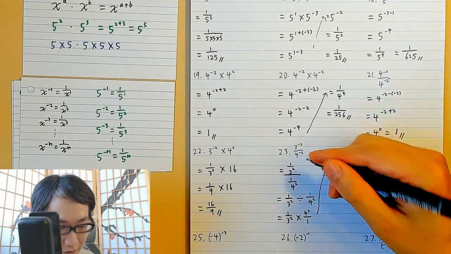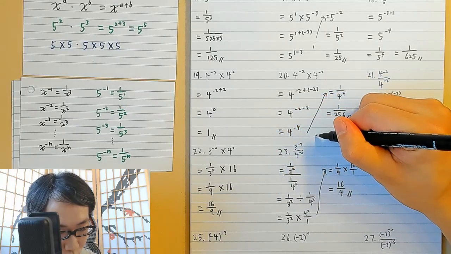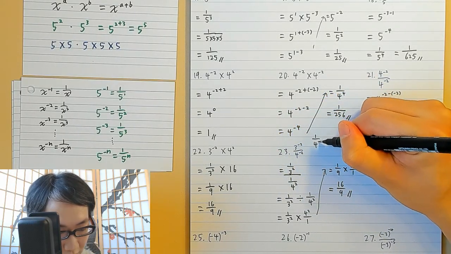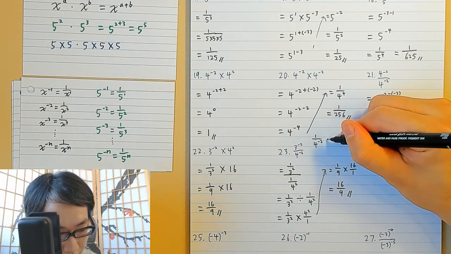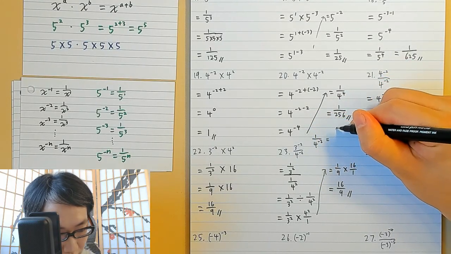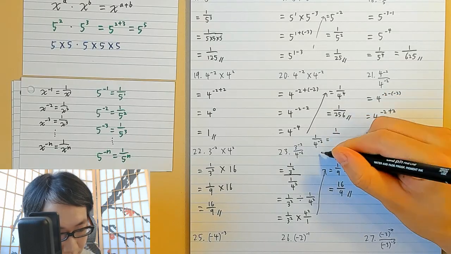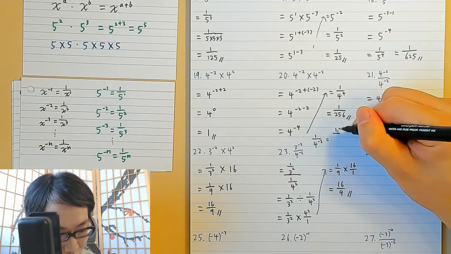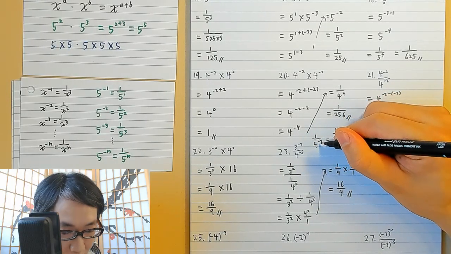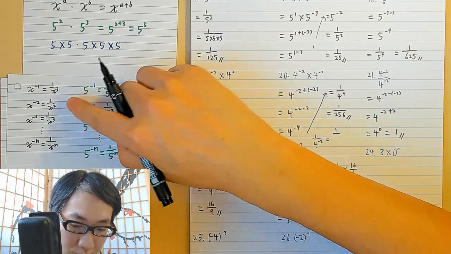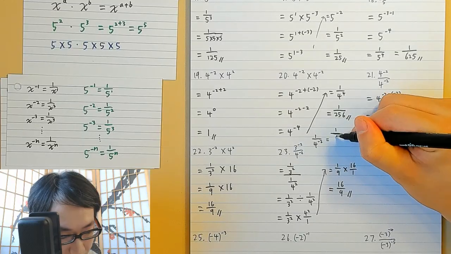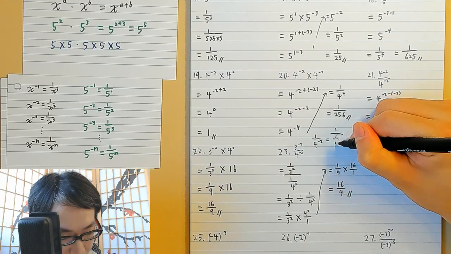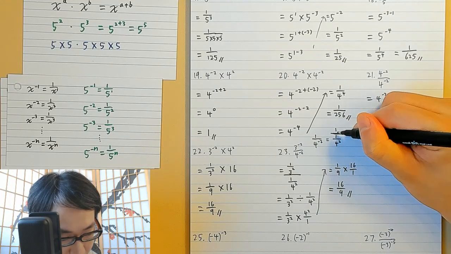So what does that mean? 1 over 4 to the power of -2 is equivalent to 1 over, this is the original 1 over, and then for 4 to the power of -2, if we use this one, we have another 1 over 4 squared.